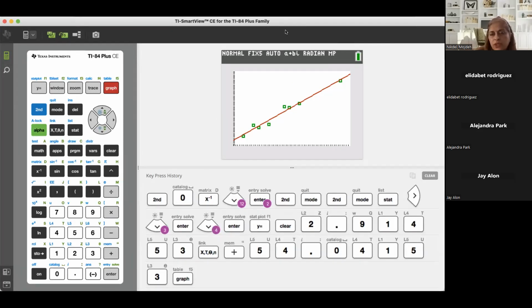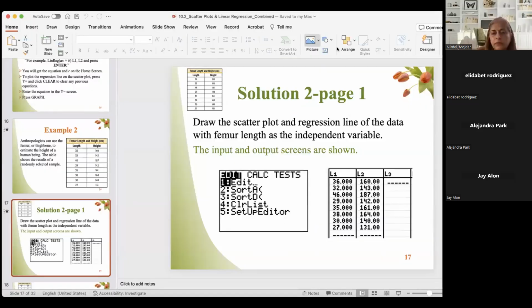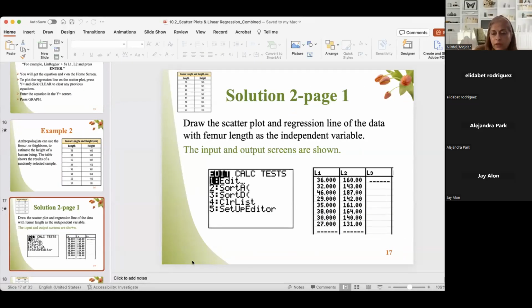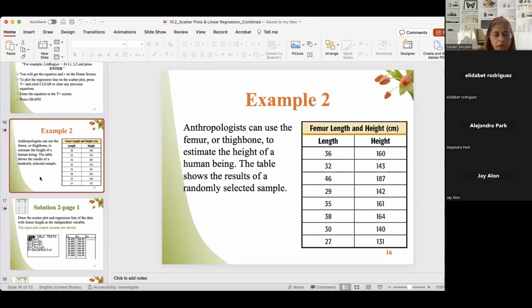Okay, I'm going to stop sharing and go to my PowerPoint. Okay, so here, again, I have shown the steps for this example.